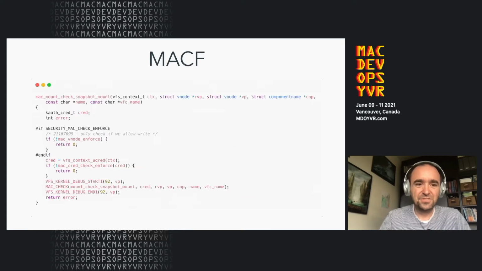This function will do a couple of checks, and ultimately it will call the mac_check macro or function with the mount_check_snapshot_mount argument, which is specifying the name of the hook to look for.